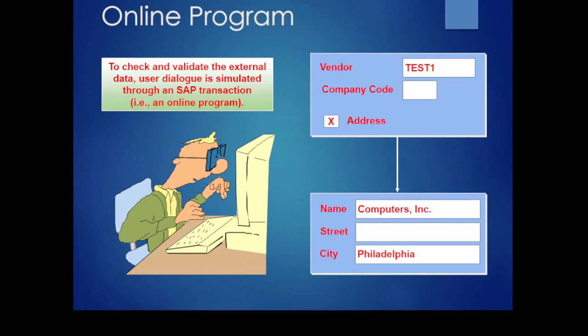You should first give the proper information of the vendor before entering the other information of it. The checks programmed into the online program are also performed on the data as the transaction progresses. To ensure the data passes through these checks during batch input, you must simulate the user dialog by passing any dialog box.